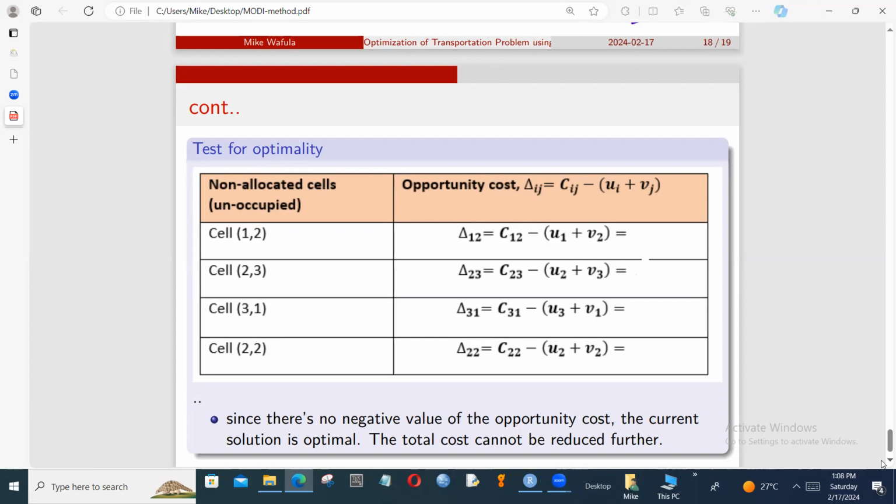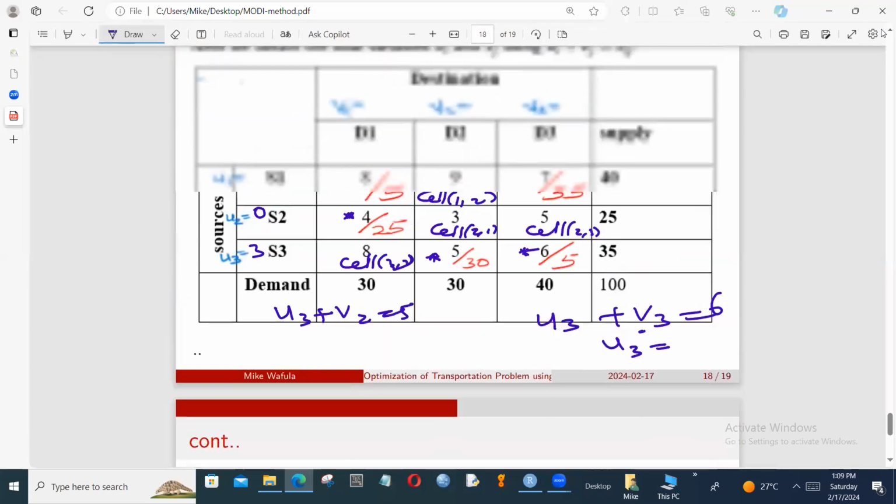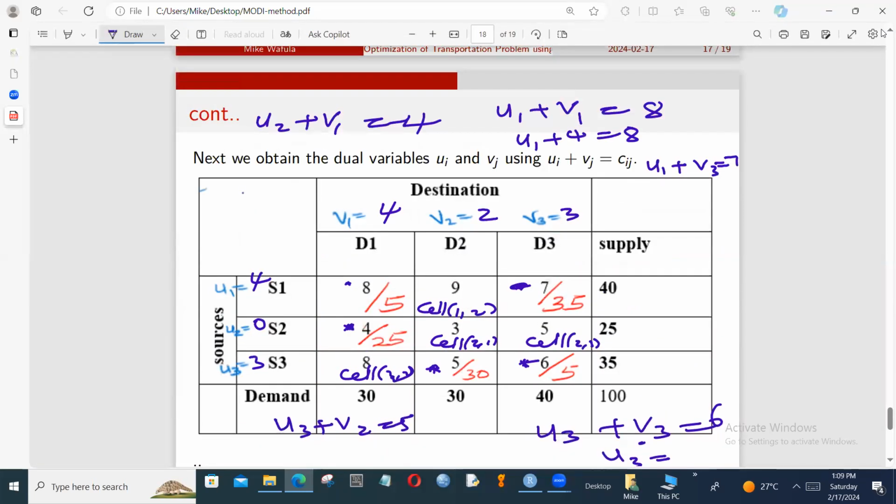Are we through? The first cell, what are we getting as opportunity cost? 3. That's correct. The second one? That is 2, 3, yeah? Which is 1. Let's see, 2, 3 is which one?